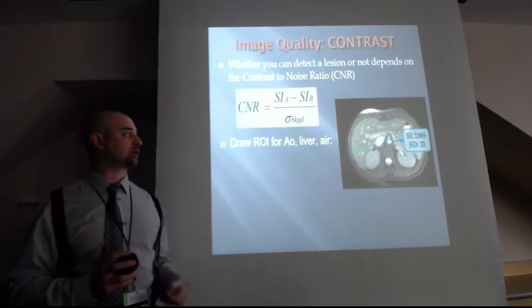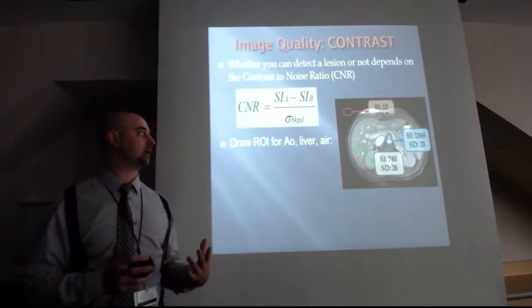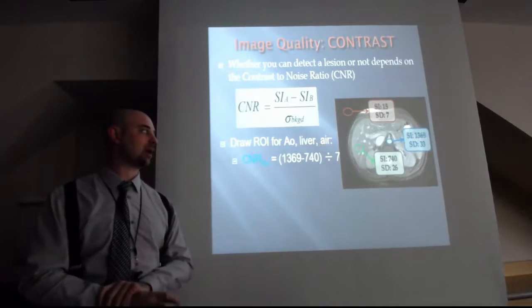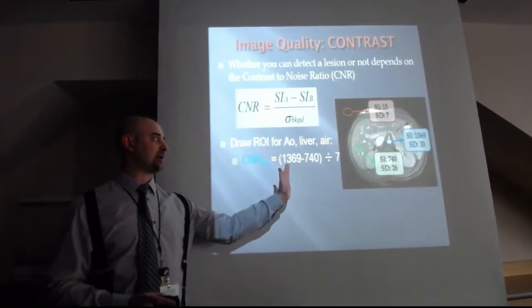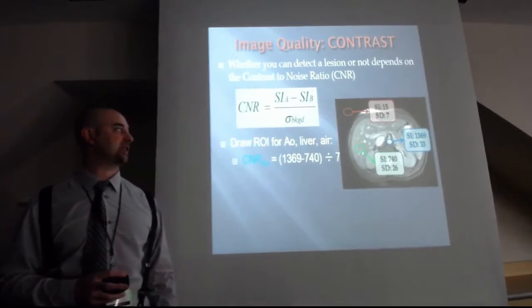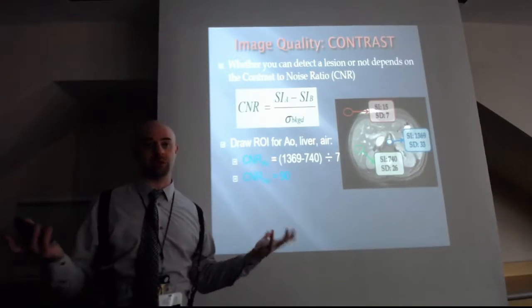So here, draw an ROI in the aorta and in the liver and in the air. And then you would calculate, so a calculated contrast to noise ratio would be signal in the aorta minus the liver, all of that divided by the standard deviation in air. So here, a contrast to noise ratio of 100, which means it would be very visible.